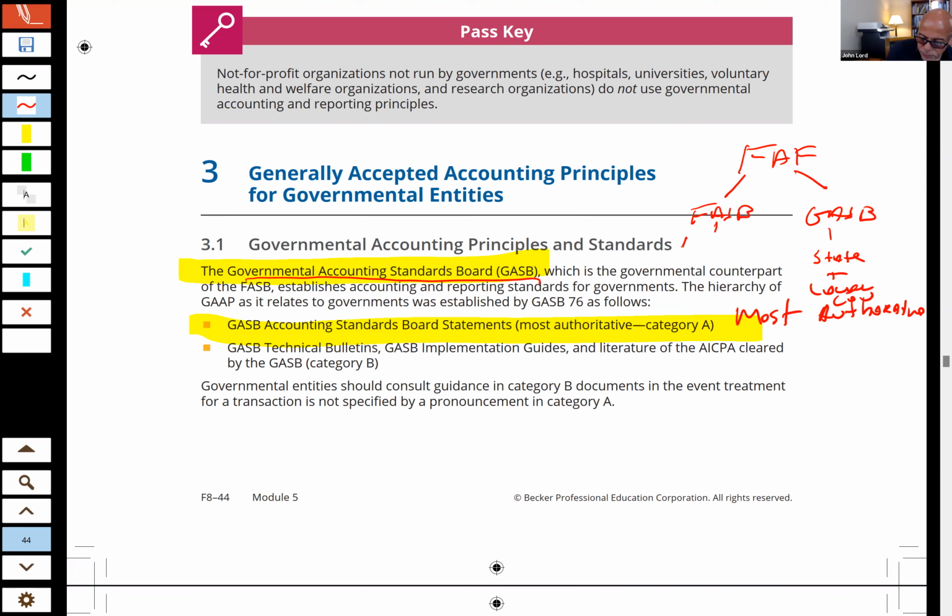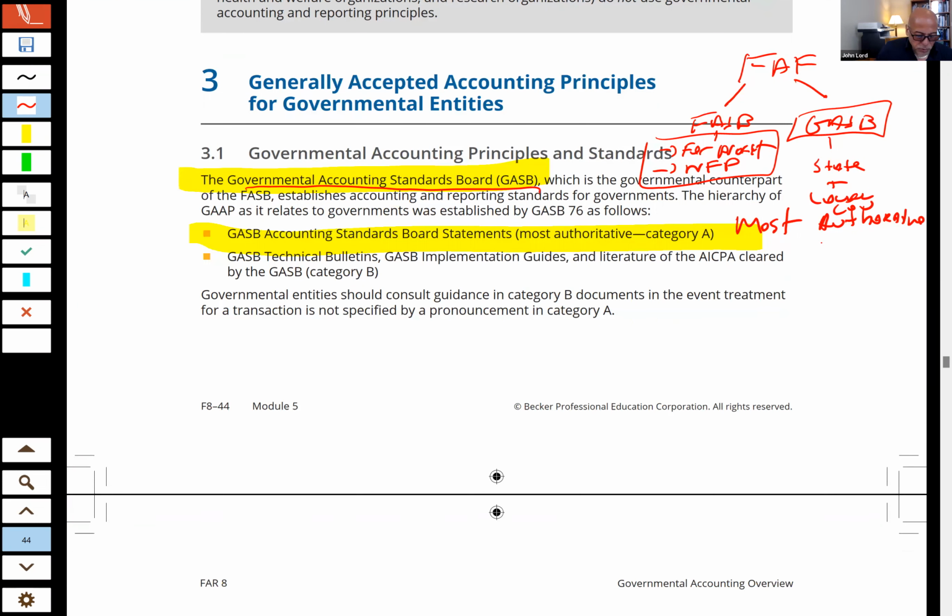FASB is for-profit, but they also promulgate the standards for not-for-profit. So when you talk about private sector entities, that's the FASB. When you talk about the state and local public sector entities, remember I said the federal government is completely different, then we're talking about the GASB. They are both in the same building in Connecticut, but they have obviously two very different purposes.